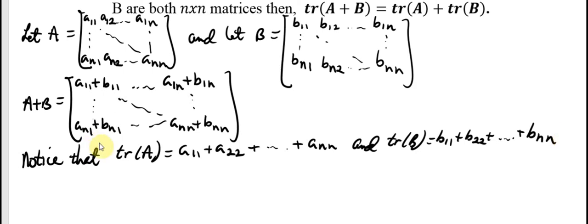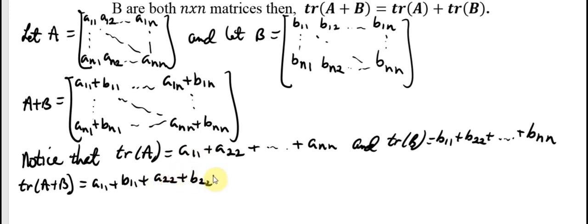So that's the trace of A, and the trace of B is that. Now the trace of A plus B, just that matrix A plus B: this is A11 plus B11 plus A22 plus B22 plus, and so on, plus Ann plus Bnn. So that's what we get from the matrix of the sums.